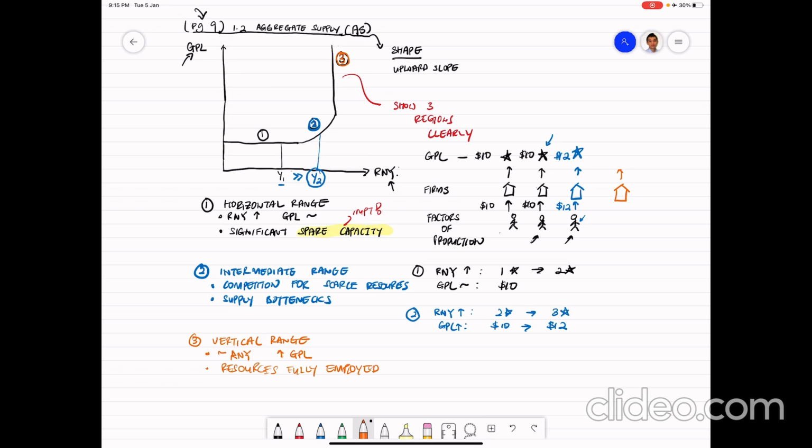So this guy just comes in. He says, okay, this guy is paying you $12. I'm gonna pay you 15. And then I'll produce a star and I charge the star at $15. So in this case, what actually happens in region 3 is that if you notice, this blue star no longer gets produced, but this orange one does.